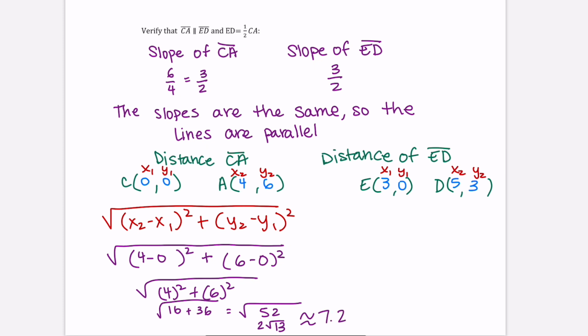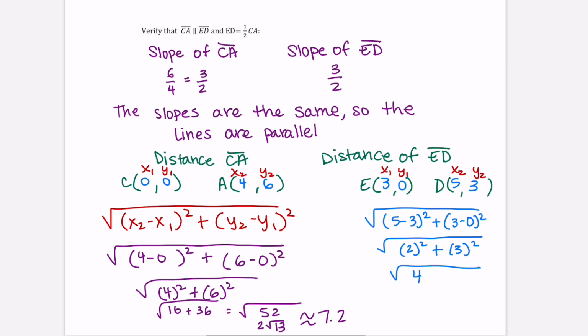On the other equation, we're going to do the same thing. We're going to take our x2, which is 5, minus our x1, which is 3, squared, plus our y2, which is 3, minus 0, squared. 5 minus 3 is 2 squared, plus 3 minus 0 is 3 squared.